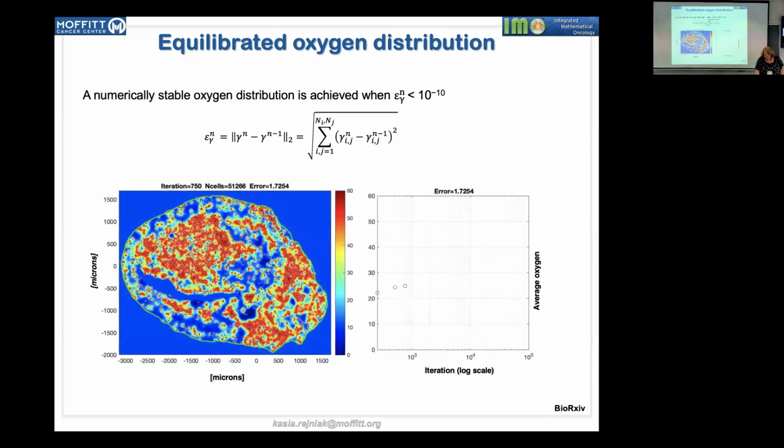And then we run the diffusion, and we calculate the L2 norm between two consecutive iterations, and we want this difference, which we call error, to be less than 10 to the minus 10. So they are numerically stable, right? There is not much difference between the two consecutive iterations. And that will be our map of oxygenation.